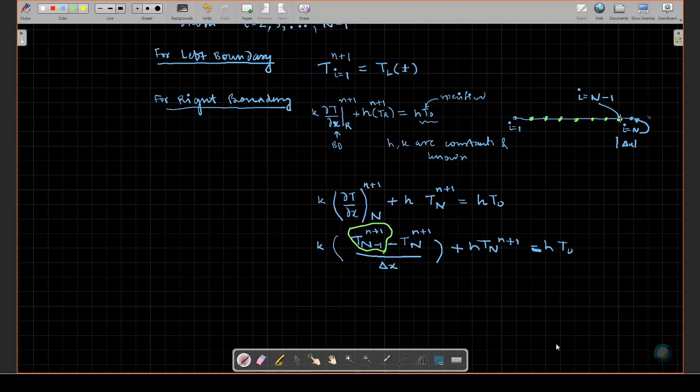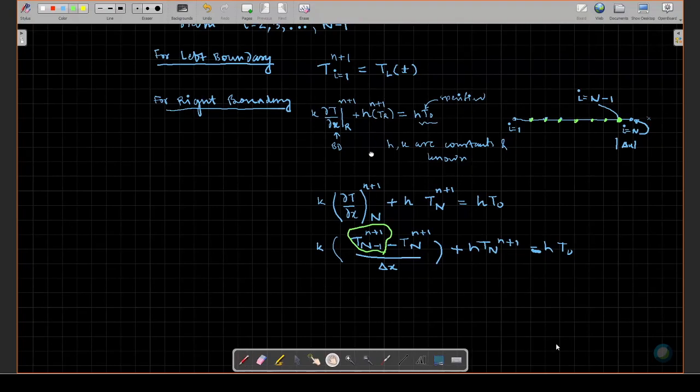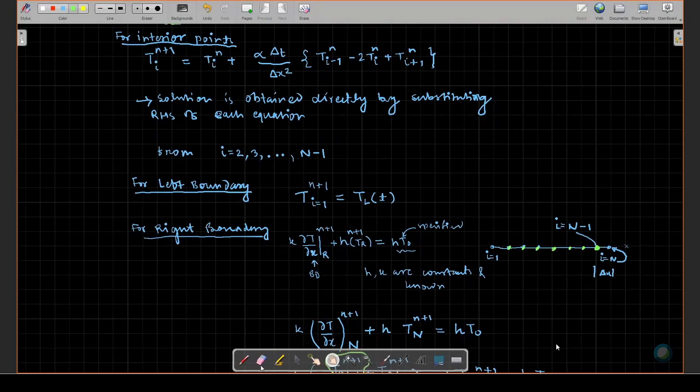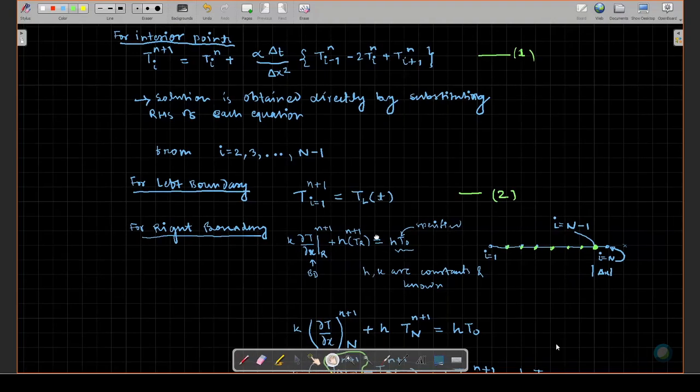So interior point values will be obtained from this equation. Let me write this equation as equation number 1, and this equation as equation number 2. So from equation number 1, we are going to get the values of T n minus 1.